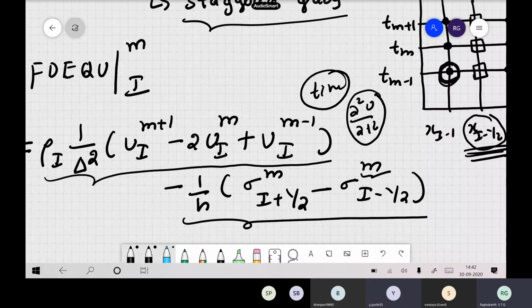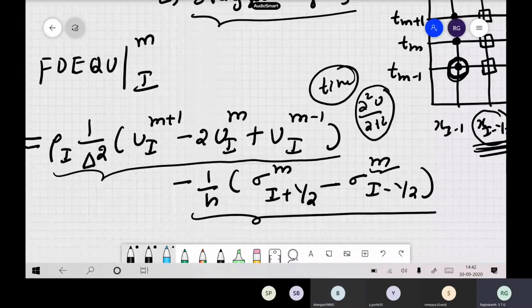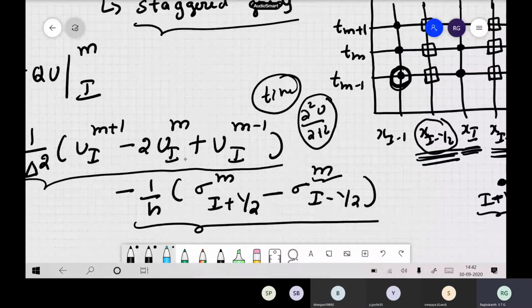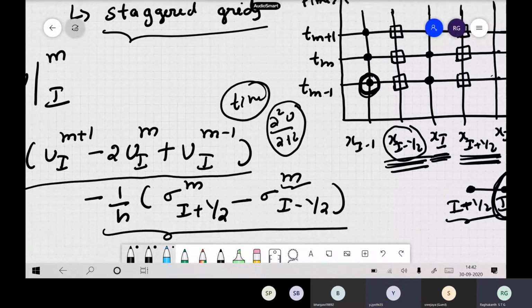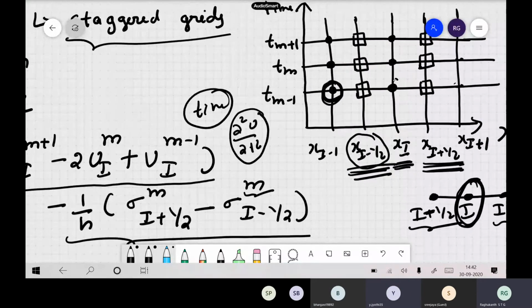Where are you computing the second derivative with respect to time? The subscript is i, so you are computing at this place only, you understand? So here you are computing the second derivative of u with respect to time.